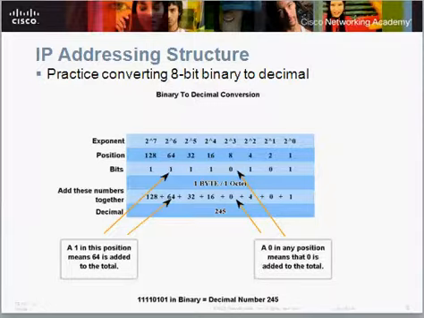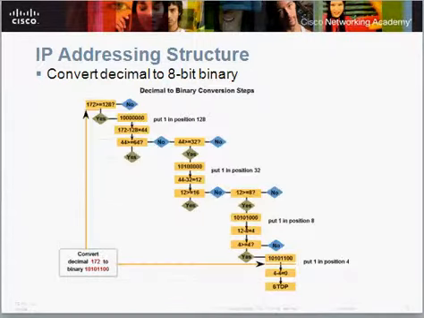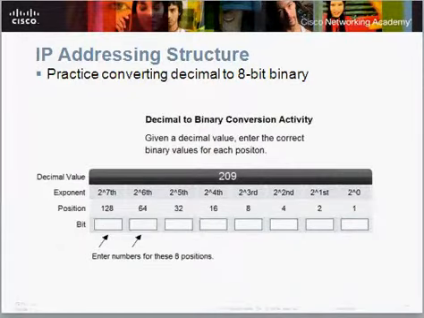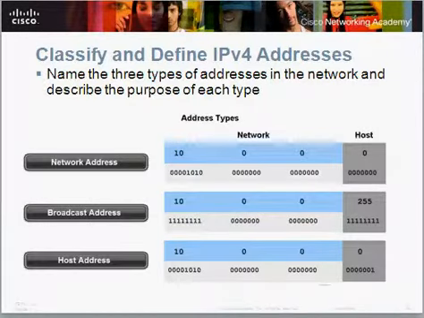If I am calculating any number, say 11011000, it is an 8-bit number, and we add each and every bit's value to calculate the decimal equivalent of the binary number. So this is the conversion of decimal to binary. Some exercises we'll do.